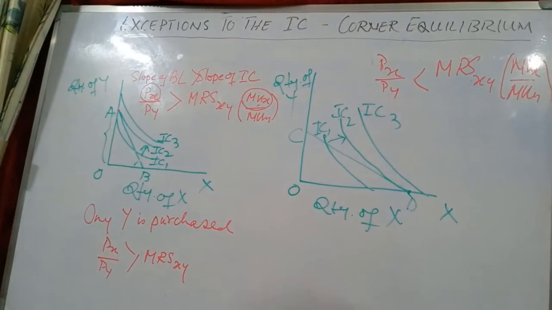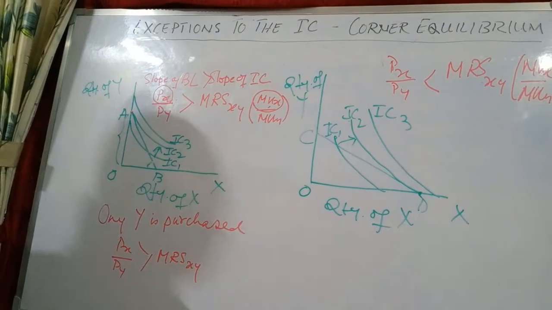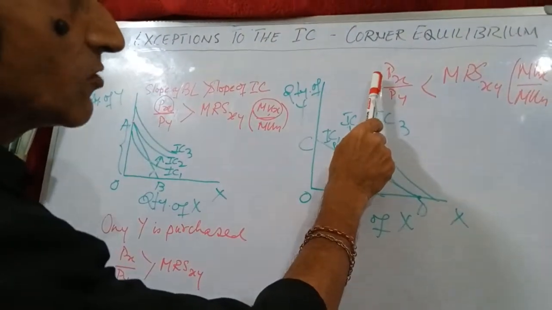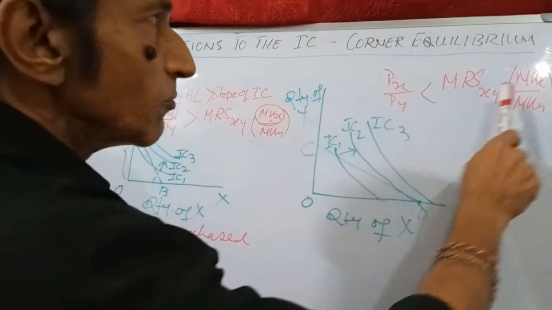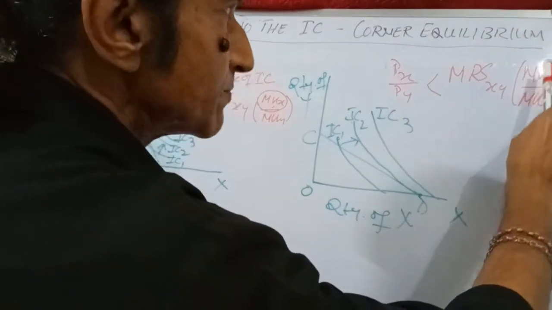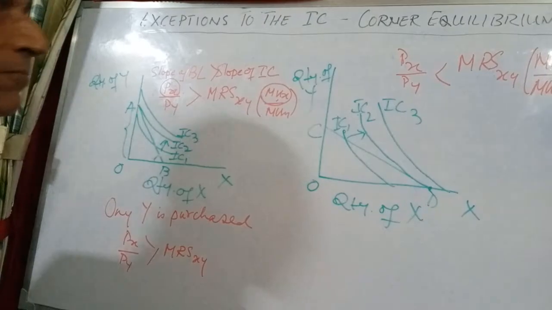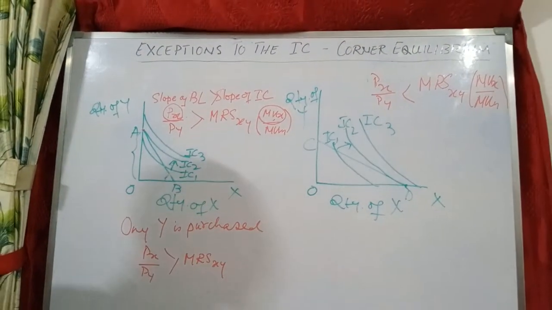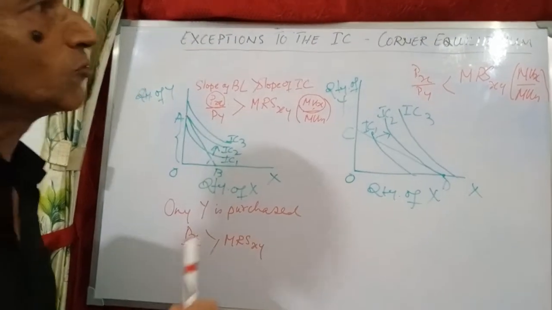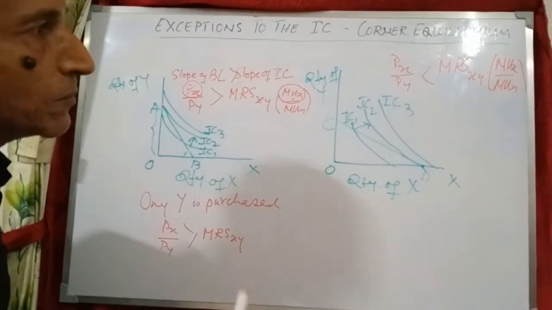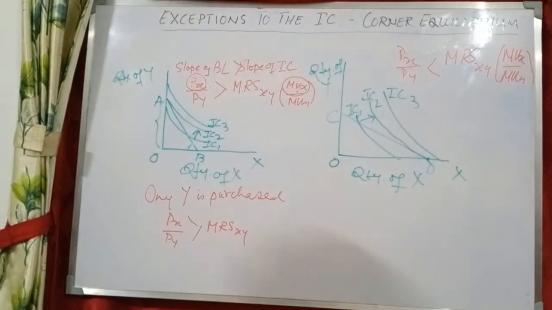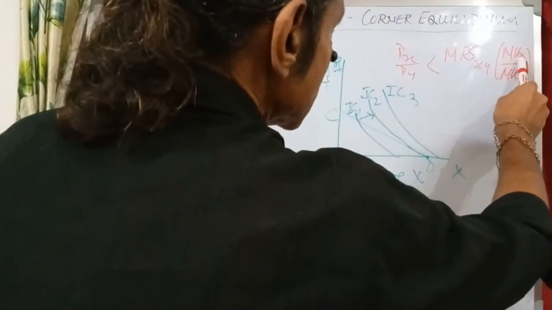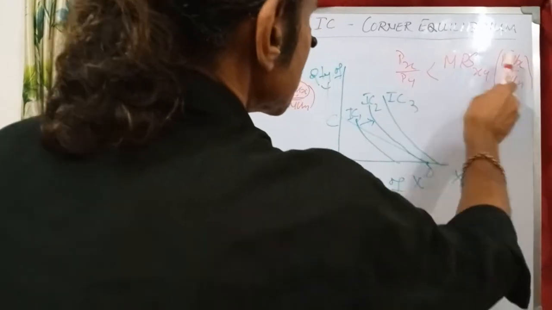This means that to the consumer, the price of X is too low compared to MUX, the marginal utility of X. So as a rational consumer, he will sacrifice more and more Y to gain more and more X, because MUX is higher than PX.